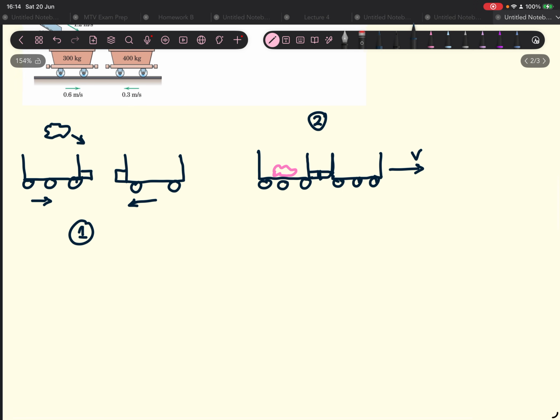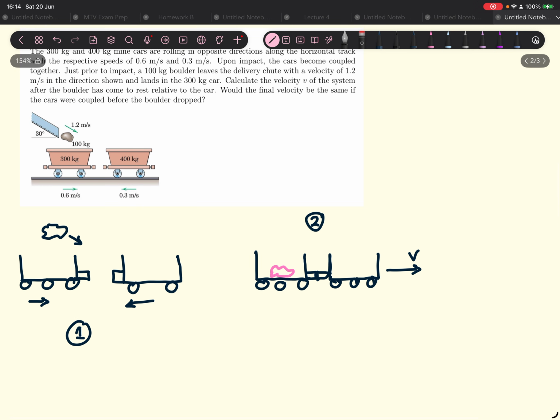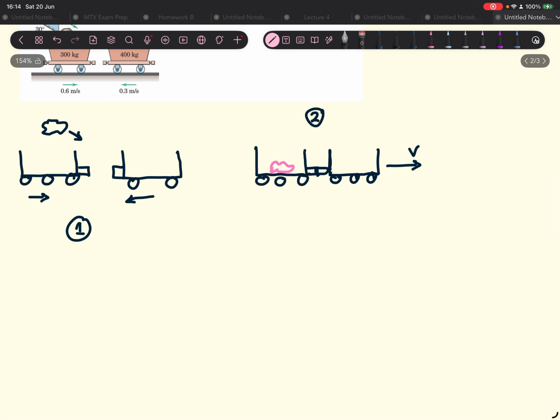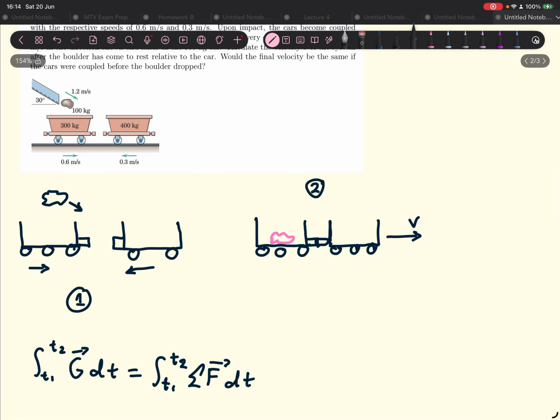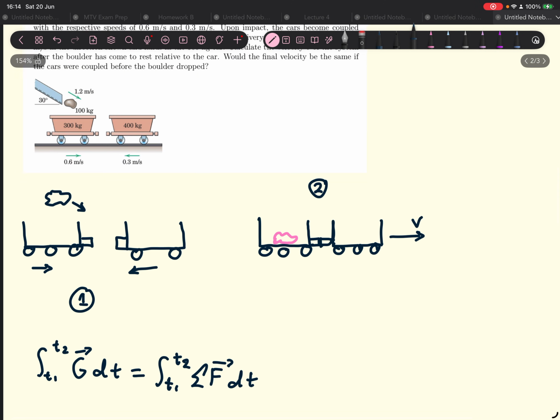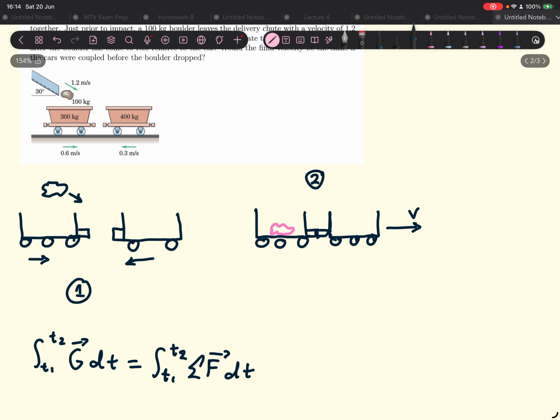So if we use the equation for momentum, which is the integral from t1 to t2 of G dt, equal to the integral from t1 to t2 of the sum of forces dt. Okay, we want to look for a case where the sum of forces is 0.